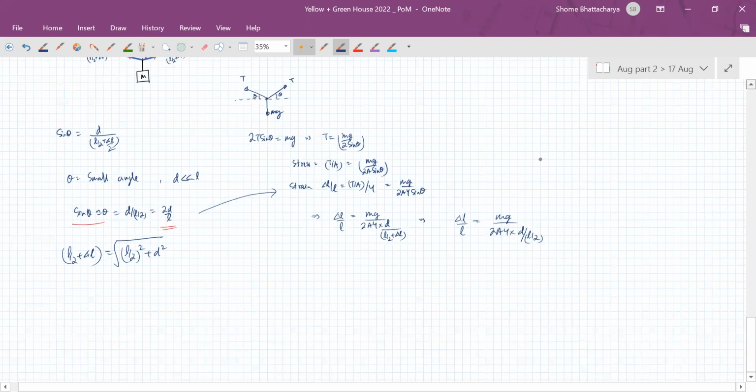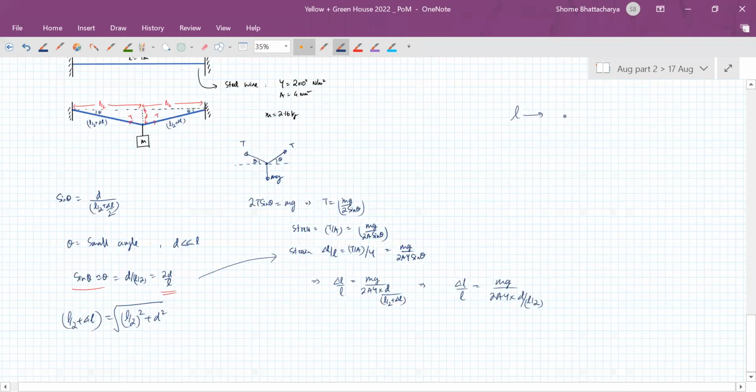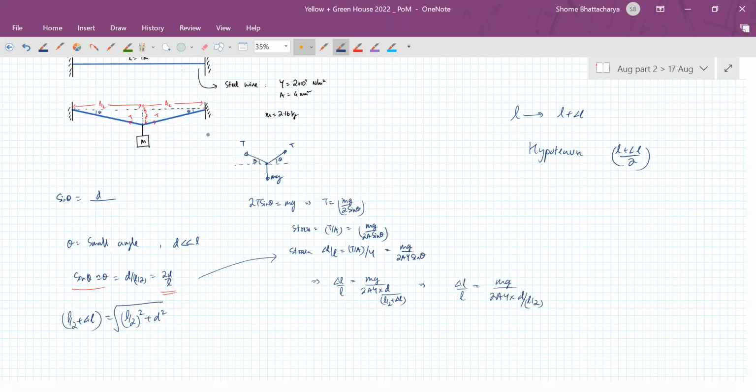The wire has stretched from its natural length to L plus delta L. So the hypotenuse in each case is actually half of this. Now it is L plus delta L whole thing by 2. So it's easier if we do that. Everywhere here, substitute this as L plus delta L whole thing by 2.